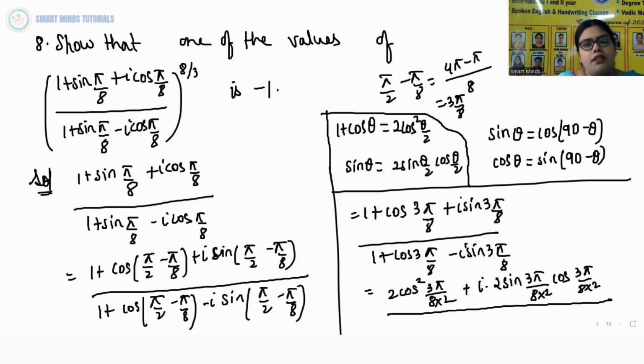By the same thing in the denominator: 2 cos²(3π/16) minus i times 2 sin(3π/16) cos(3π/16). Is it clear to you?